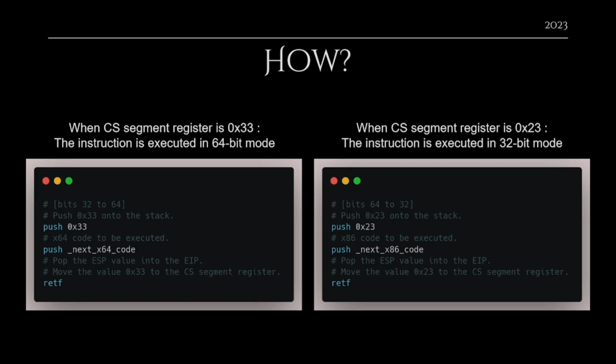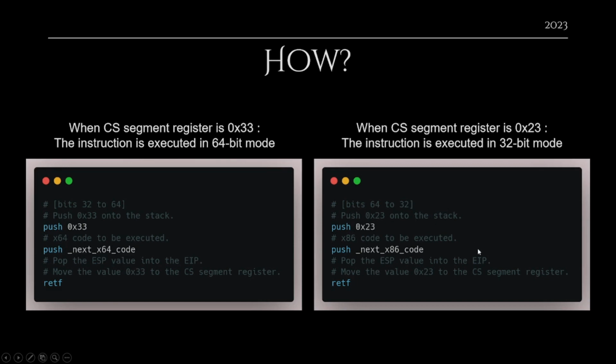And how does it work? It will push 0x33, then push the code address, and then do a far return. This changes the processor's execution to 64-bit mode, and for 32-bit mode it puts 23 instead.